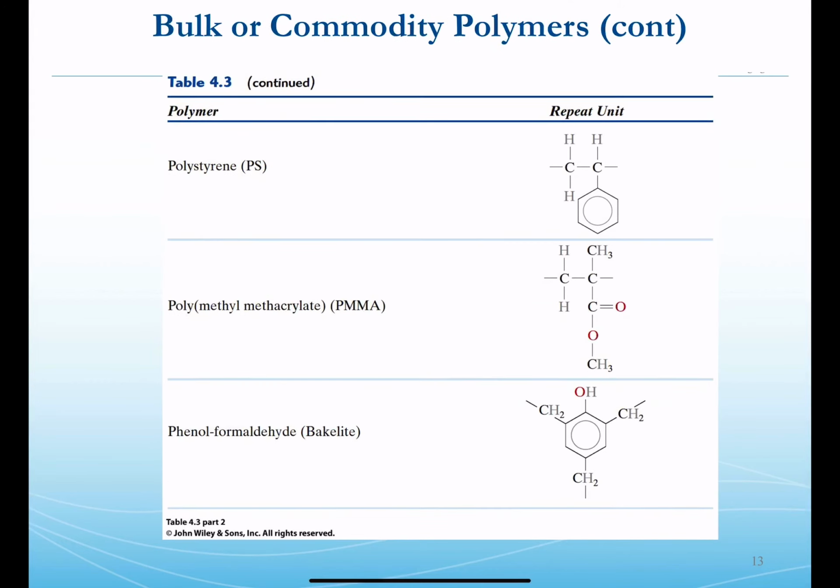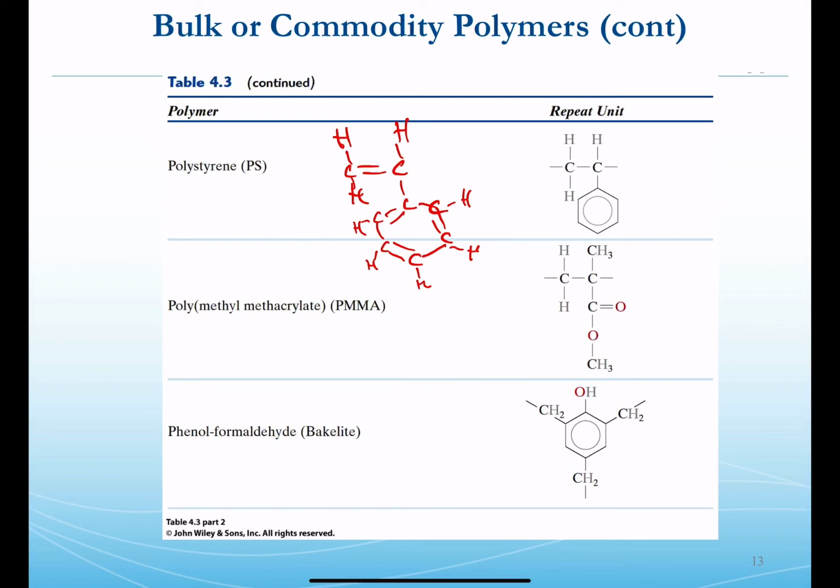Okay, polystyrene is similar. That comes from the monomer that is styrene. So here, carbon-carbon double bond again, but now a C6H5 ring, that is the aromatic benzene ring, is the appendage.